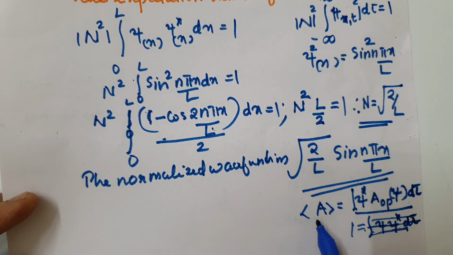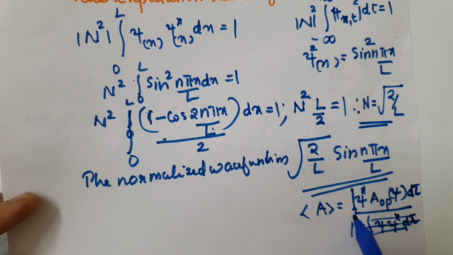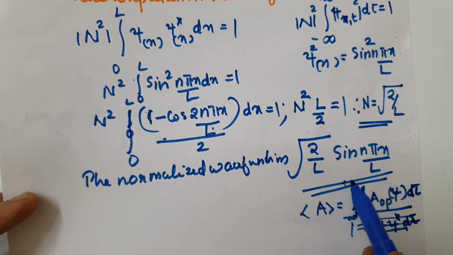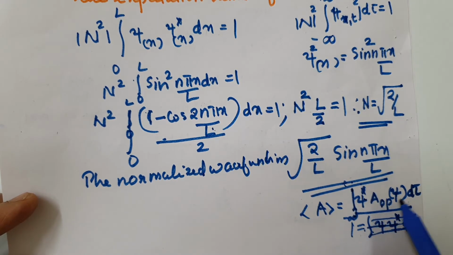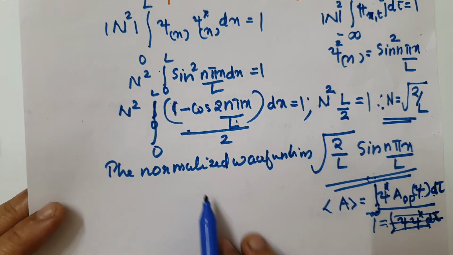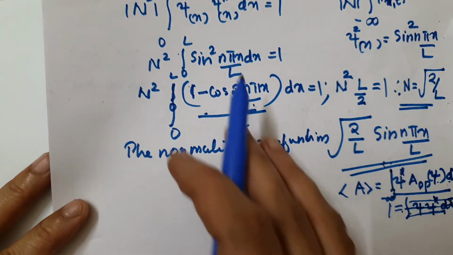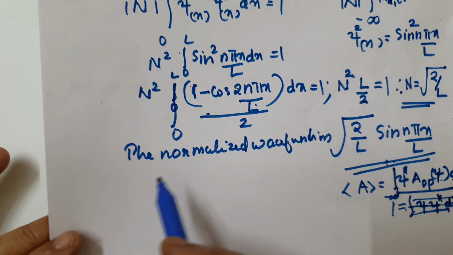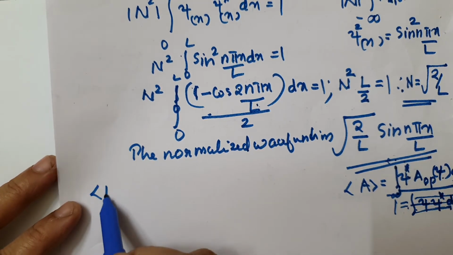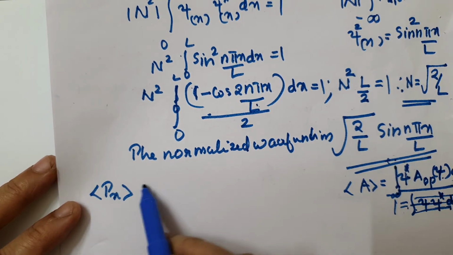Hence the expectation value of a dynamic variable A can be written as the integral from minus infinity to plus infinity of psi star A operator psi d tau. Here we are considering one dimension, so the momentum operator is p x, x component only.